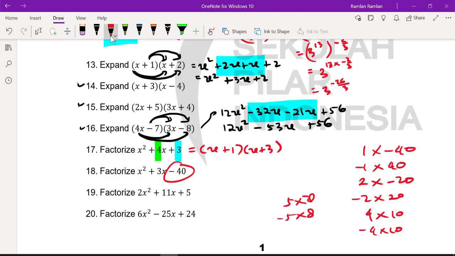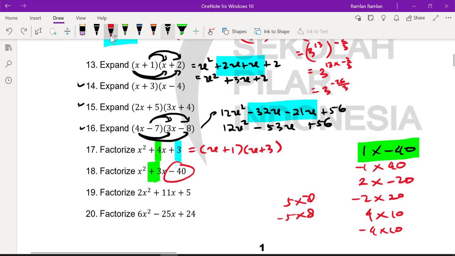If you do it manually, just think of these pairs and then try to add them. Which one results in 3, right? For example, if you add this one here, it will be negative 39, right? So 1 plus negative 40 is negative 39. But this is not negative 39, so those two are not the pair.